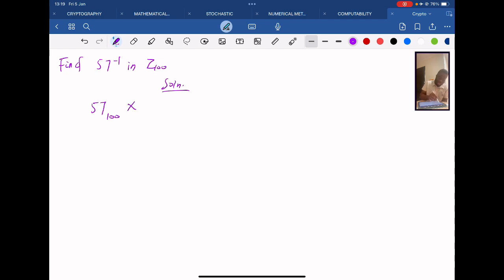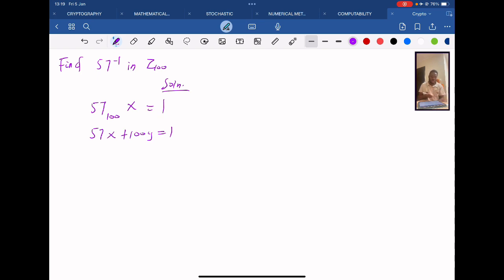Since we are finding the inverse, meaning that 57 is invertible in Z100, this should be equal to 1. Now, if you remember, when we were doing linear Diophantine equations, we can resolve this equation as 57x plus 100y is equal to 1. And now, how do we solve this equation? That is what we did previously.